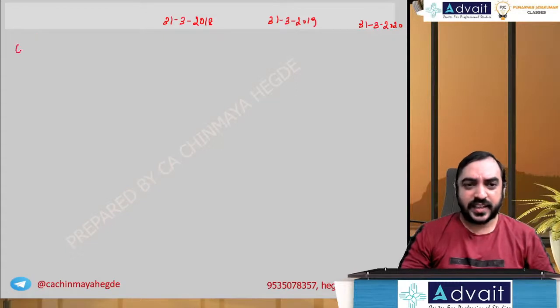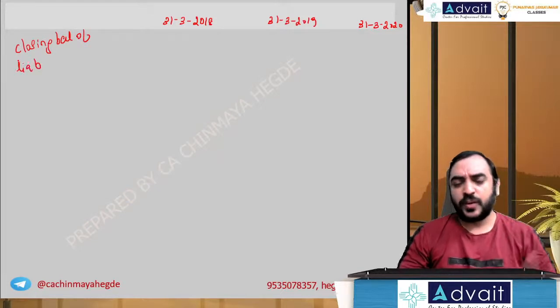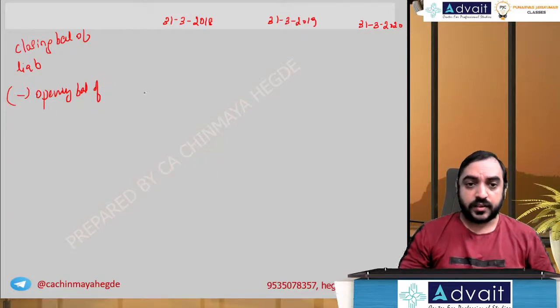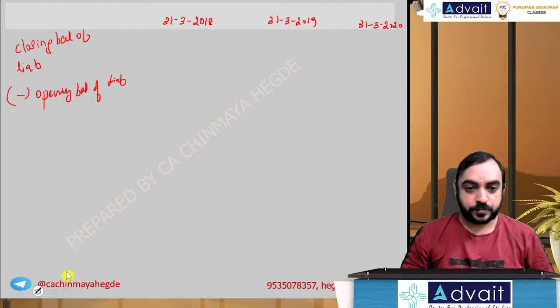So I can say directly the closing balance of liability basically means cumulative expense minus the opening balance of liability. Liability means the share-based payments. The opening balance of liability, within brackets you can write, just for your reference purpose, I will write it.